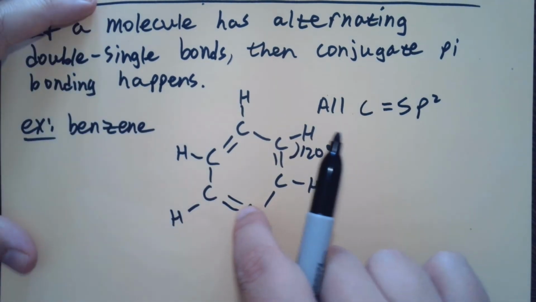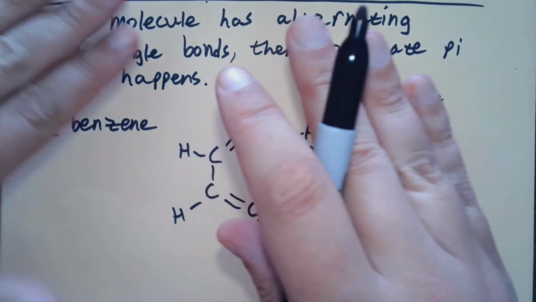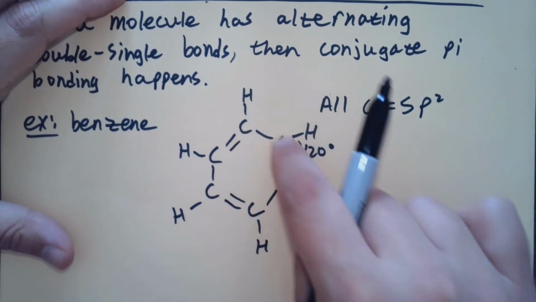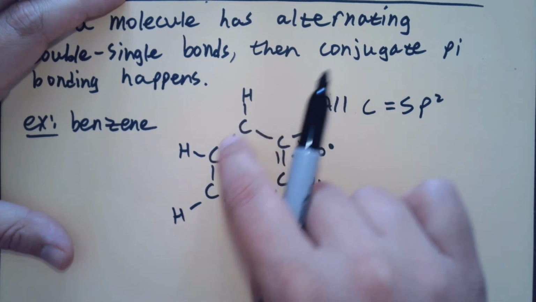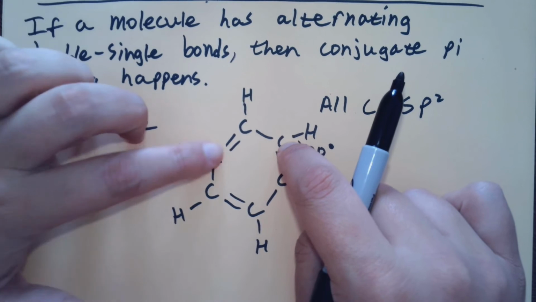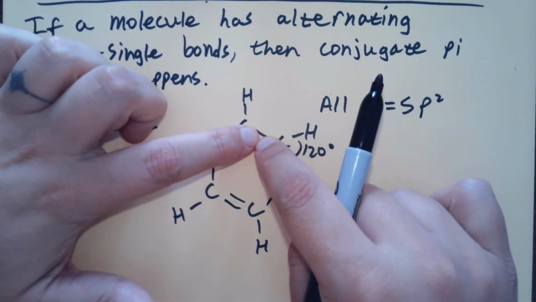And so what we have is all of these carbons have p orbitals that are overlapping above and below the ring. And that's what a conjugate pi bond is: when you have two atoms in a double bond, and you have two atoms in a double bond, if there's only one bond between them, they're going to overlap.